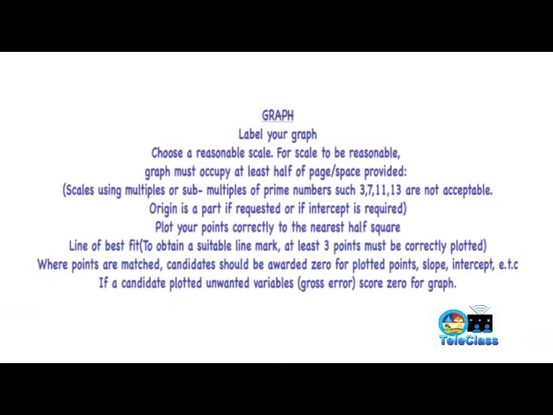All right? After you have done that, the line of best fit. We have what is called line of best fit. Now, how do you obtain a suitable line of best fit? At least three points that you have plotted must be correct. You know, the line of best fit, that line you draw to join your points. 3 points must be correctly plotted.